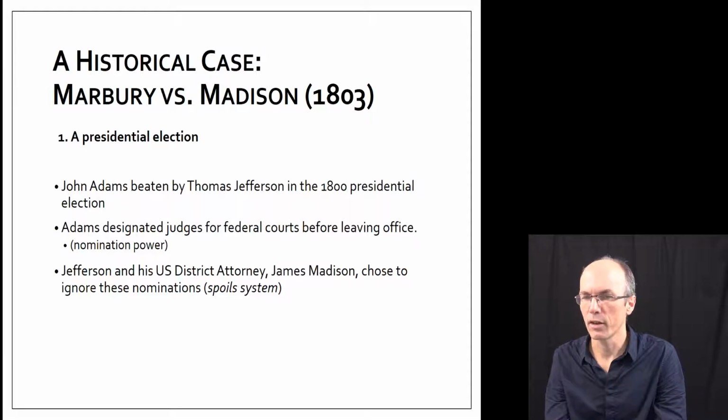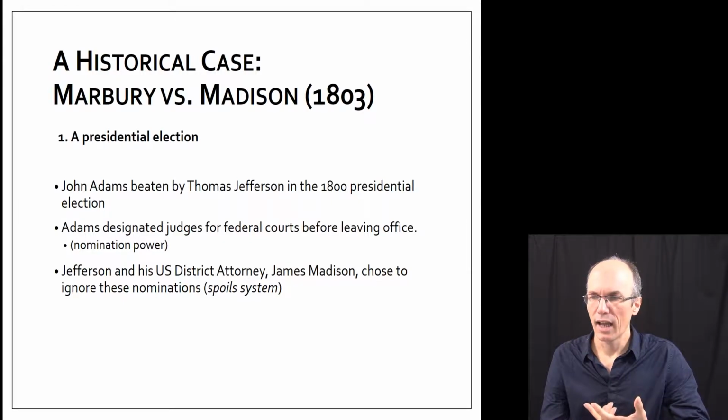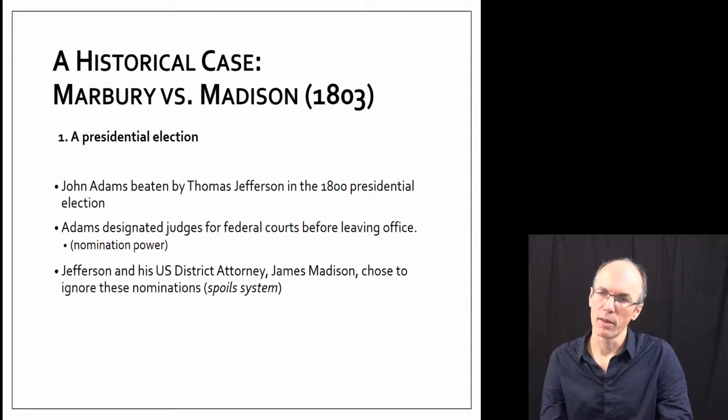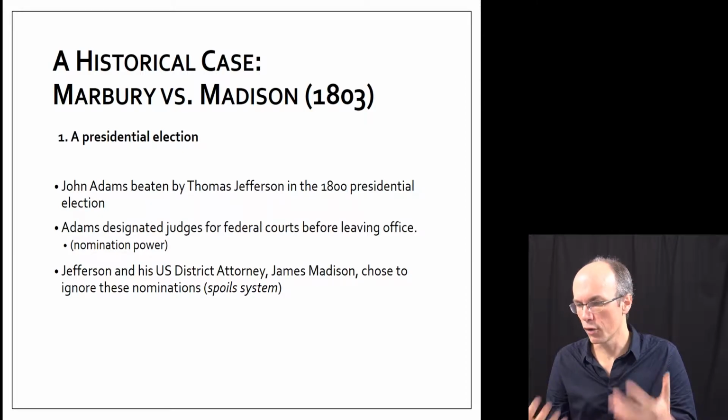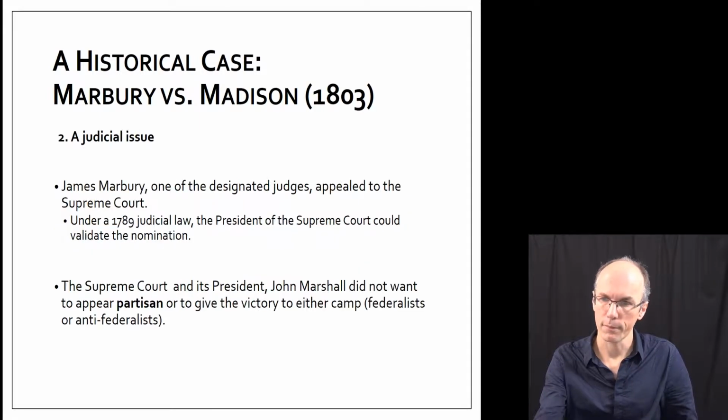But as you can imagine, Jefferson and James Madison, his secretary of state, were not exactly happy with having their enemies in power in the judiciary system. So they decided that they were not going to uphold these nominations, that they were going to ignore them.